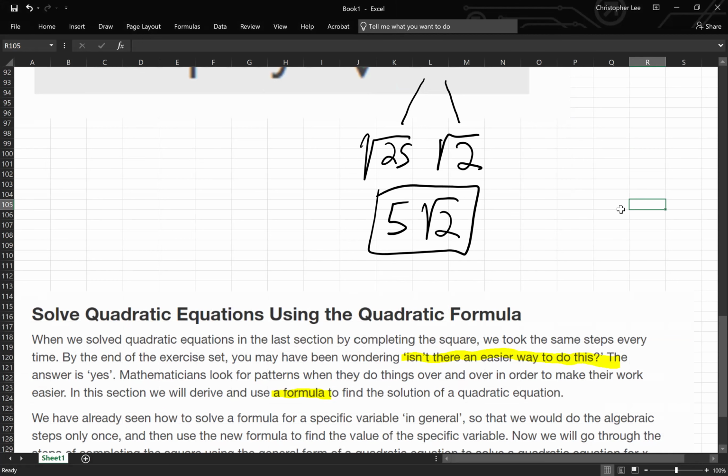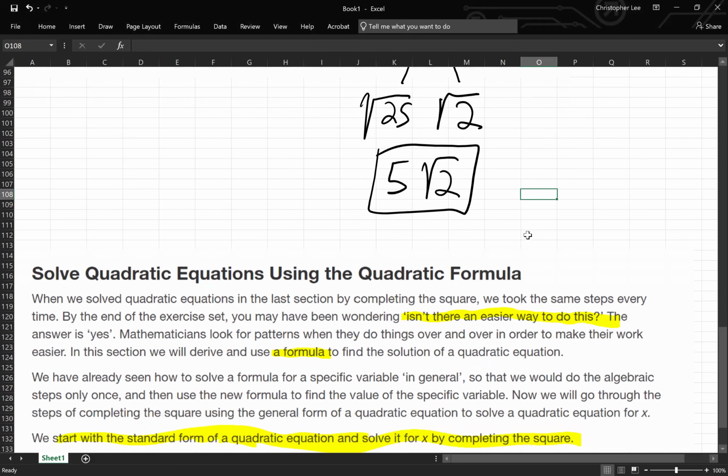When we solved quadratic equations in the last section by completing the square, we took the same steps every time. By the end of the exercise set, you may have been wondering, isn't there an easier way to do this? The answer is yes. Mathematicians look for patterns when they do things over and over in order to make their work easier. In this section, we will derive and use a formula to find the solution of a quadratic equation, right?